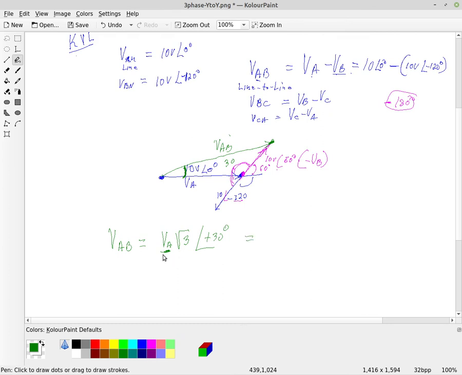So if VA was 10, this would be 10 times the square root of 3, at an angle of plus 30 degrees.